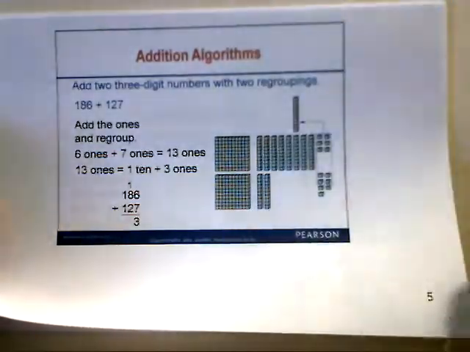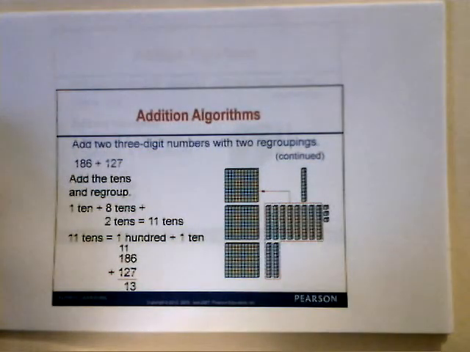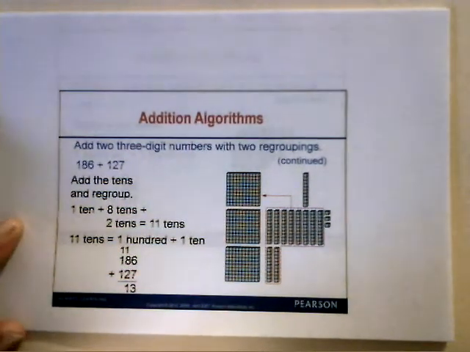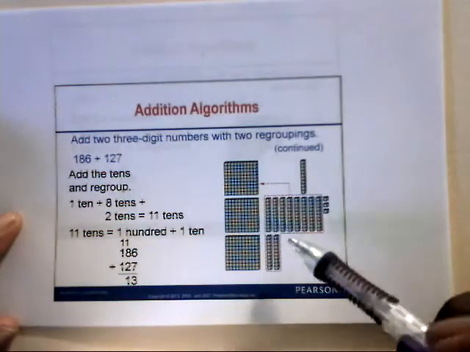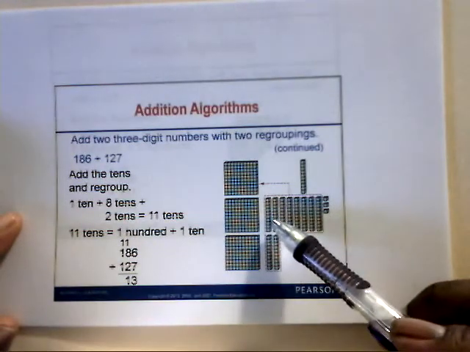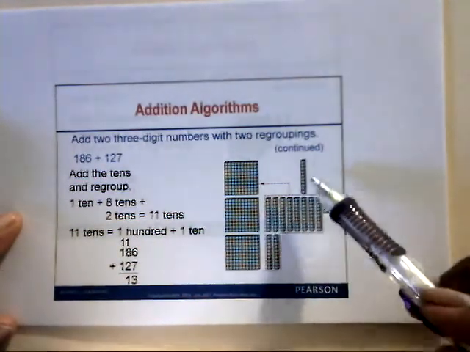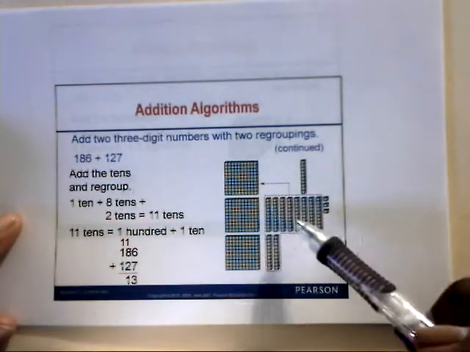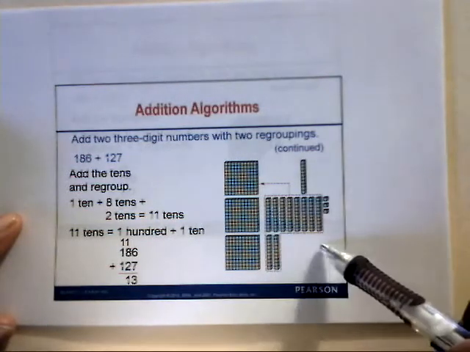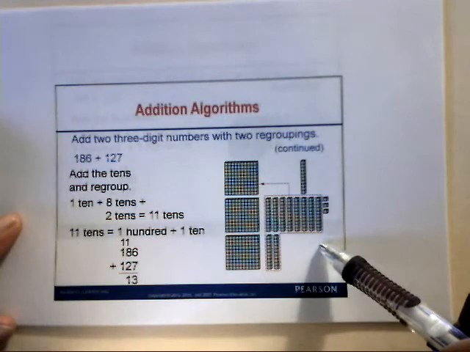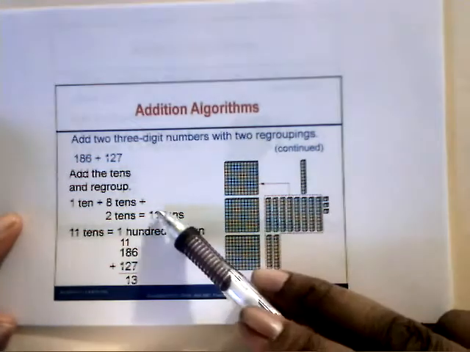Okay, and this does continue. Now in this case, we're going to add the 10s and then do a little regrouping. Now, we know we've got 11 10s because we've got 1 10, 8 10s, and 2 10s.